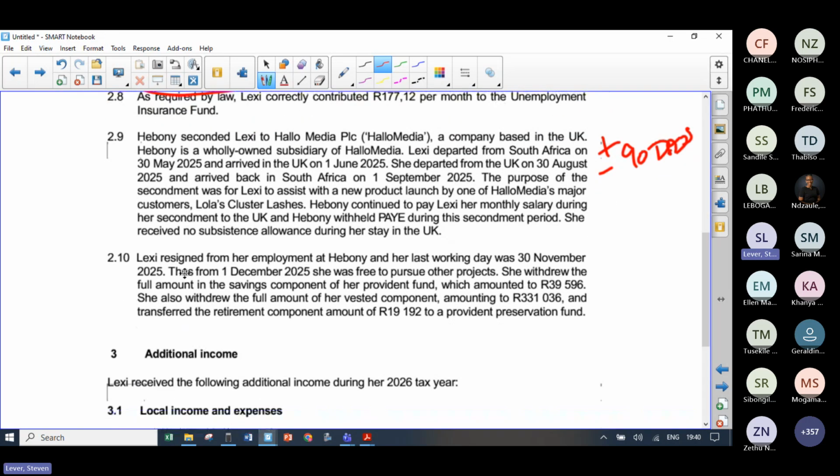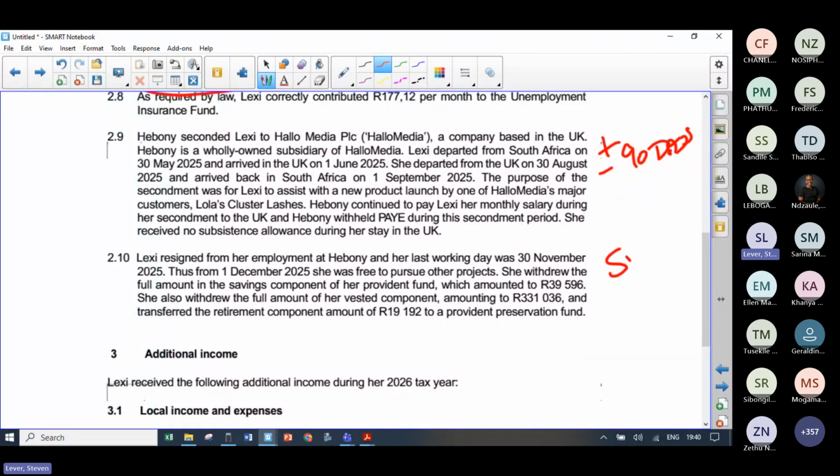Next one. It says, Lexi resigned from her employment from Hebony, and her last working day was 30 November. Thus, from 1 September, she was free to pursue other projects. She withdrew the full amount of the savings component from her provident fund, amounting to 35,936.